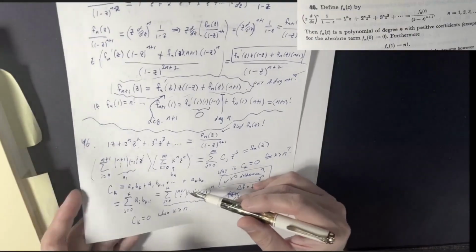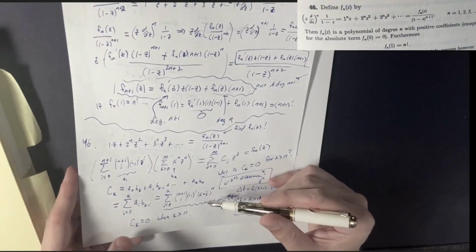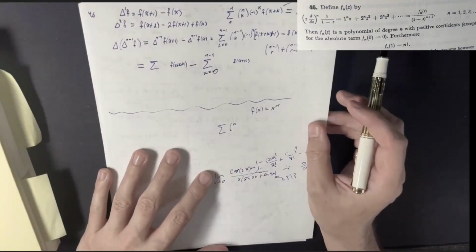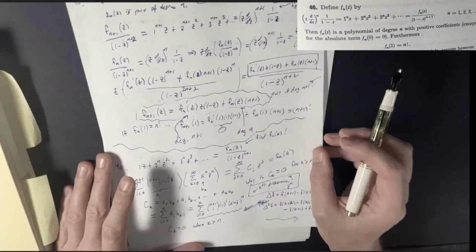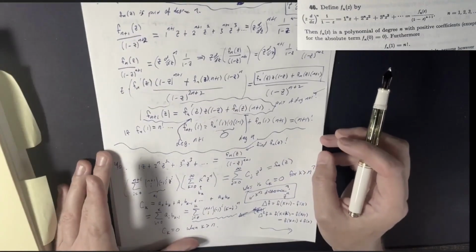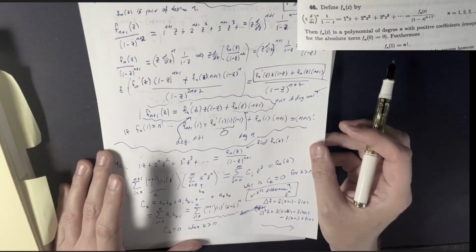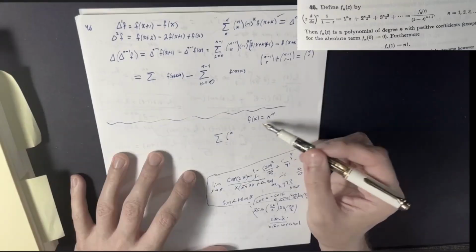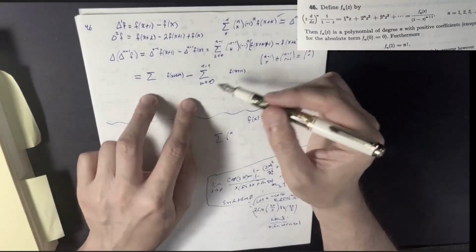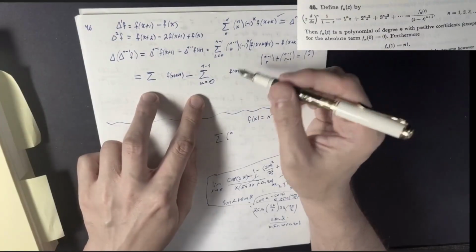Yeah, but it was at n plus 1. Confusing. So I thought it was this, but let me actually just verify what it is, because I'm getting something funky.